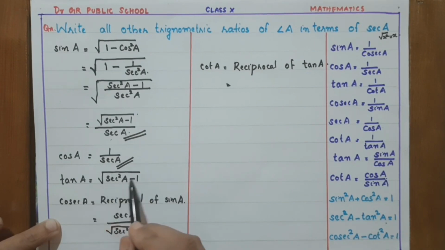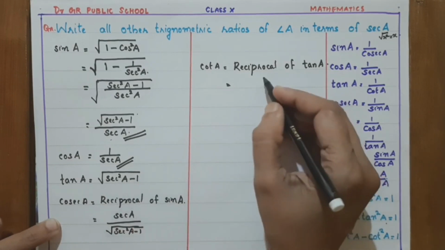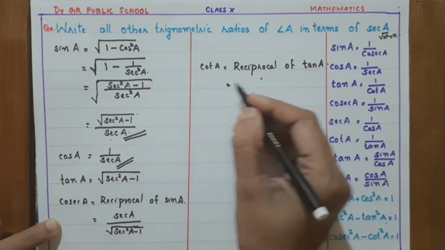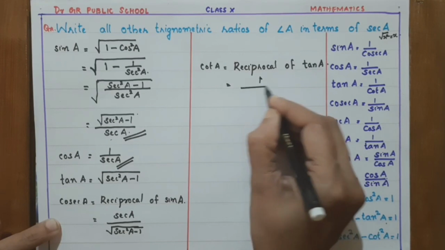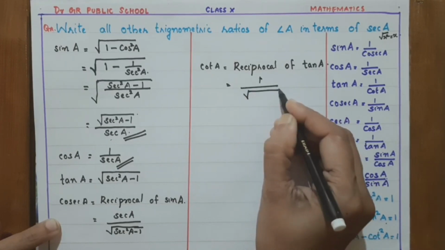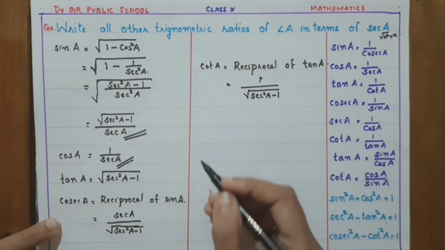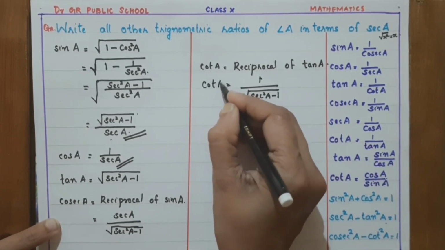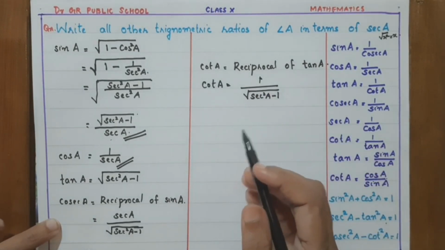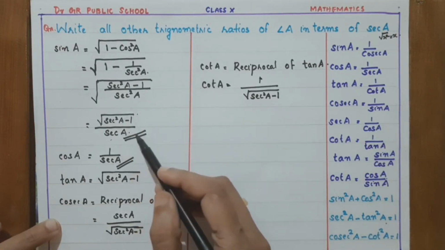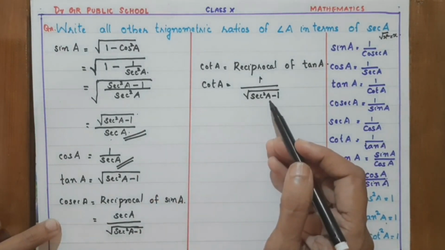It is square root of sec square a minus 1. So what is its reciprocal? So cot a is equal to 1 by square root of sec square a minus 1. Okay children? So we expressed all the other trigonometric ratios in terms of sec a.